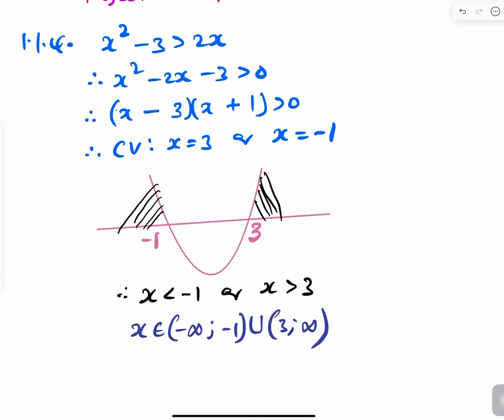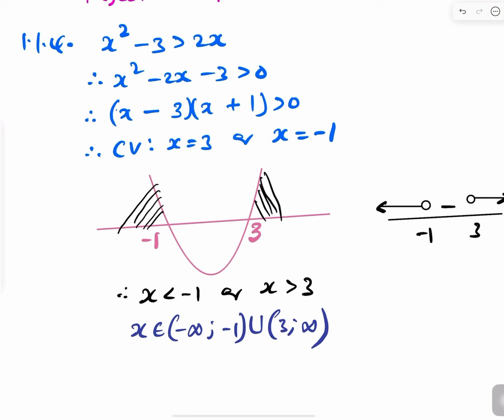And then those of you who love the other method for this situation, you are going to have your number line, which is going to have -1 and 3. Because it is exclusive, you're going to have this type of circle. This is going to continue there, and then at -1, you are going to have that one.